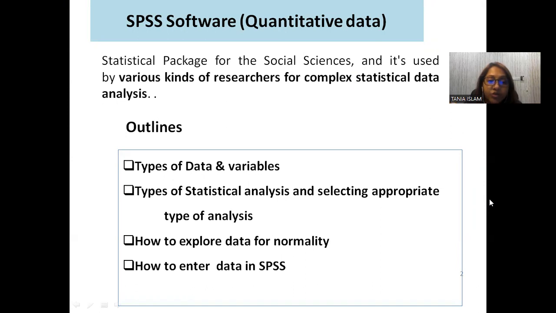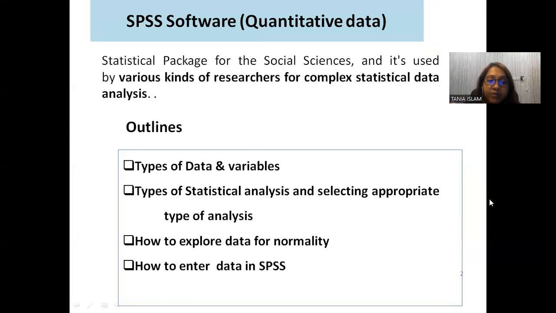You will get to know about the data and variables separately, and then the types of statistical analysis we use, and also how we are going to select what type of analysis will be suitable for us and how we are going to proceed.